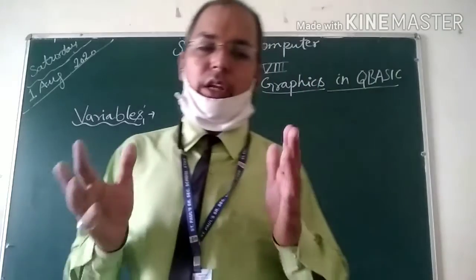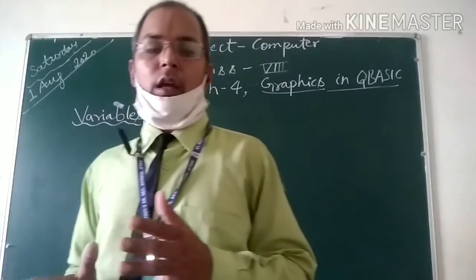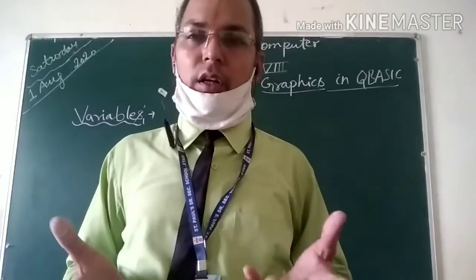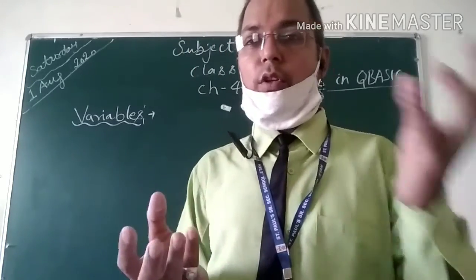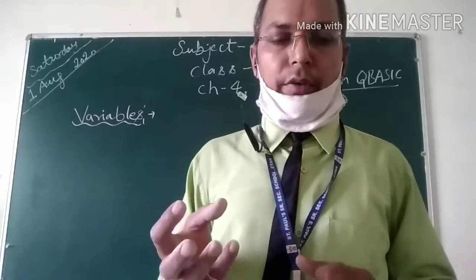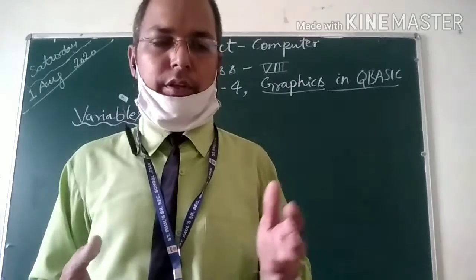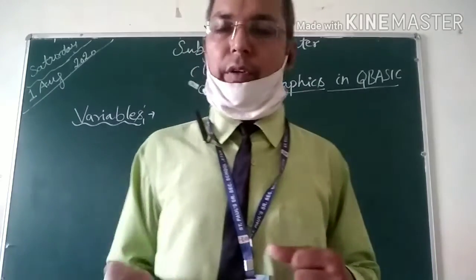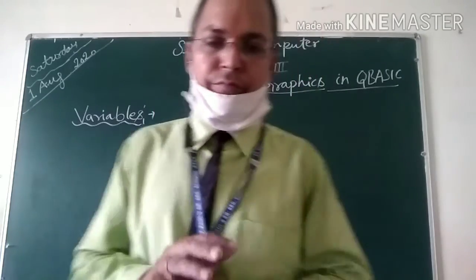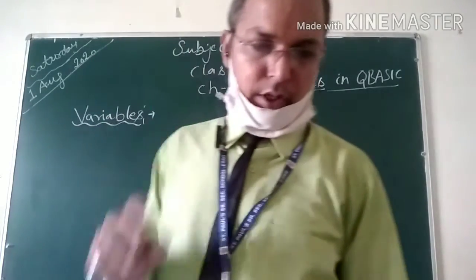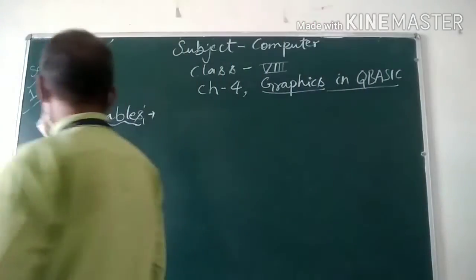A variable refers to the name of a data storage location in computer memory. It holds a value assigned by the user. You can change the value of a variable anytime. Variable has two types, string and numeric variable.